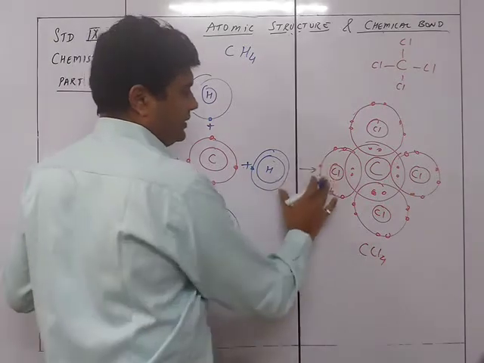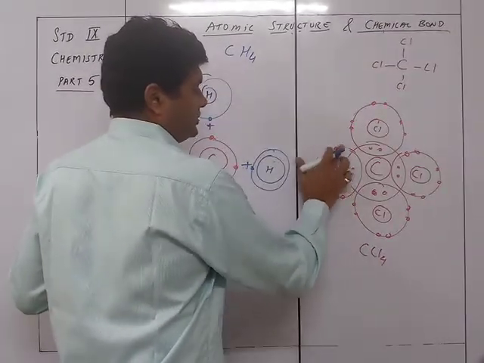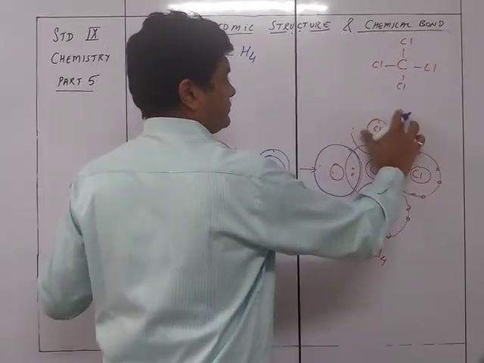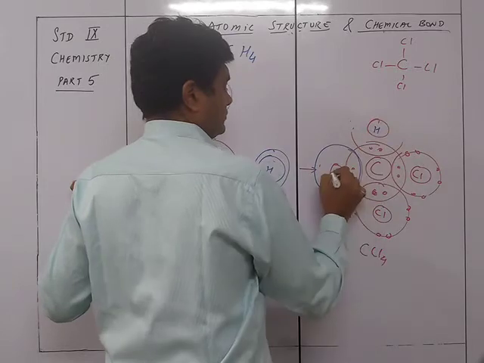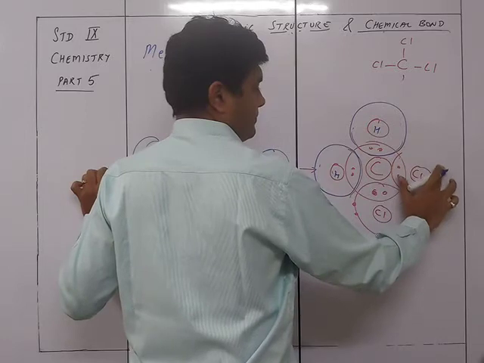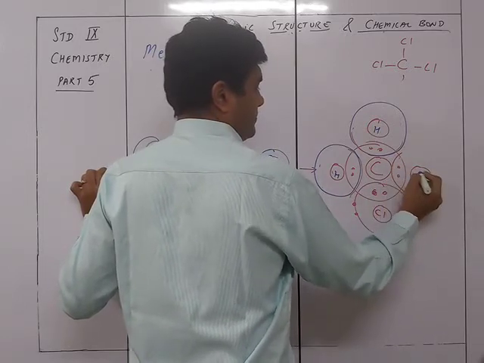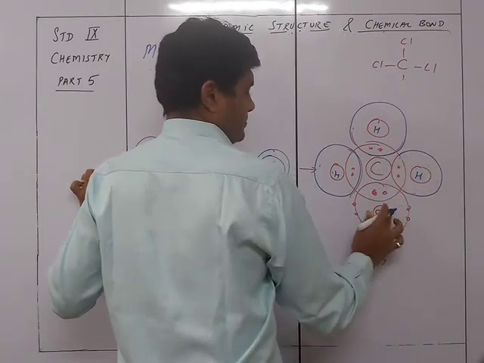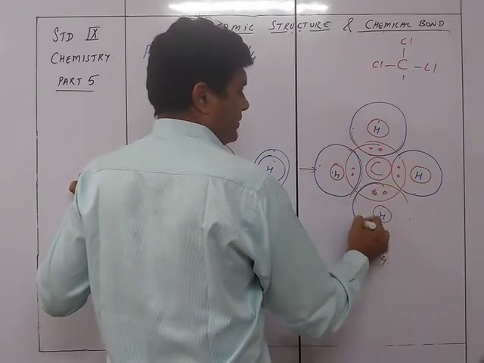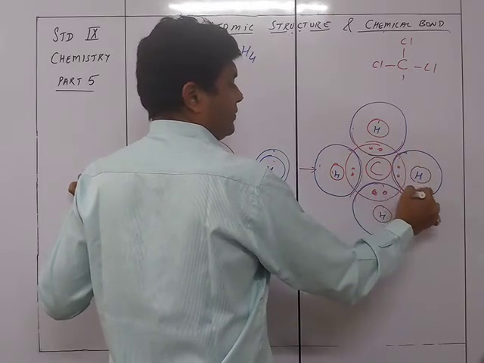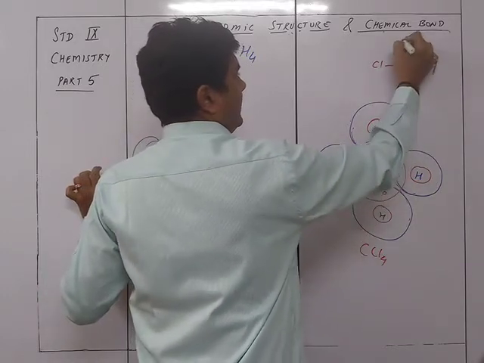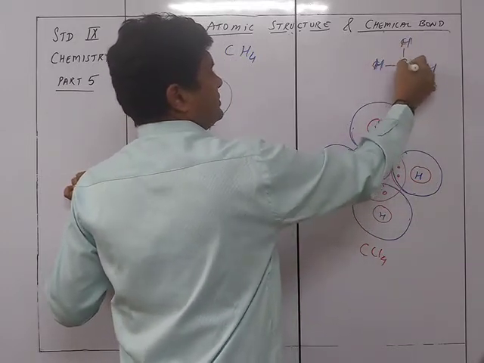Because hydrogen has got only 1 electron in the outermost shell, that's why it will just be like this. So this is how methane will be looking like. So this will be all H. Okay, so this is methane.